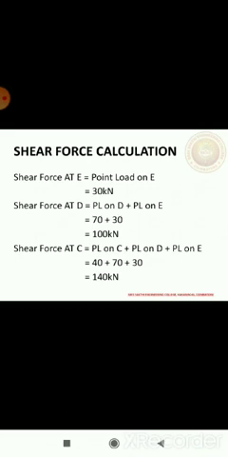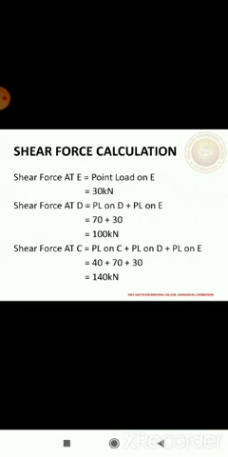So the shear force at E is 30 kilonewton. Then we calculate the shear force for D. For point D, we have a point load of 70 kilonewton and at point E a point load of 30 kilonewton. So we add these loads, and the shear force at D is 100 kilonewton.